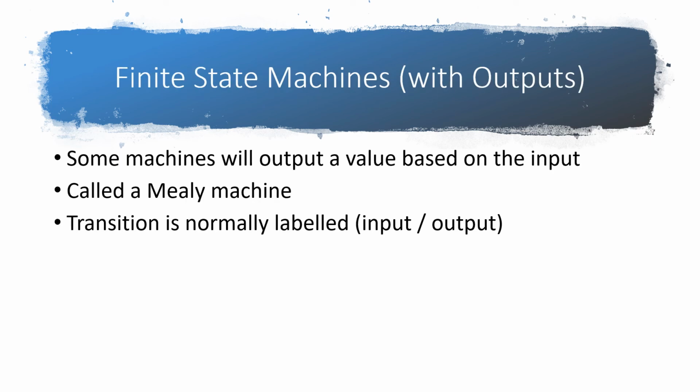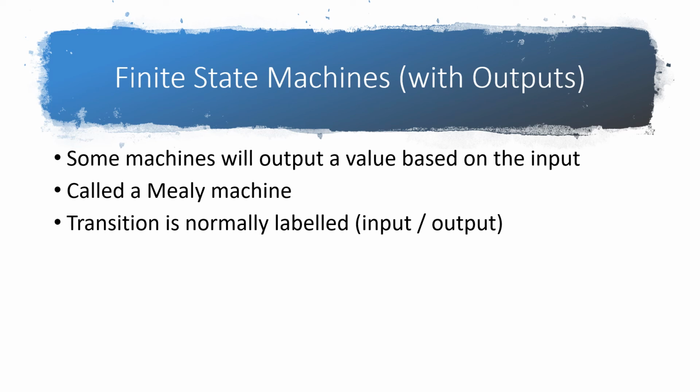So everything that we've considered so far have been finite state machines that actually have no output, right? But we can have the final type of finite state machine, because I said there was 2. There was the finite state machine automaton, and the other one is a machine with outputs, and it's actually called a Mealy machine. I think it's after the person that devised them. I can't remember his name, to be honest.